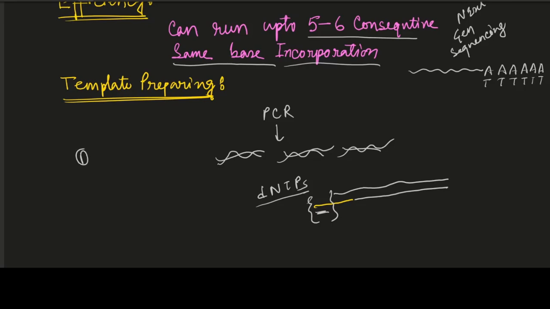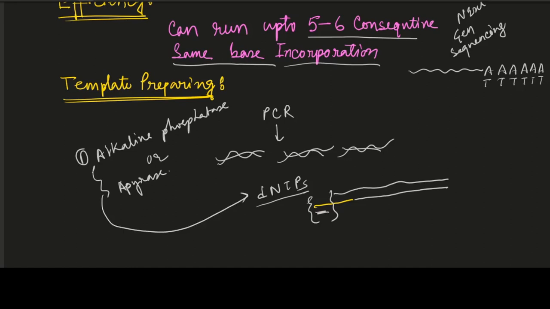The first enzyme will be alkaline phosphatase, or we can use apyrase. These two enzymes can degrade these dNTPs, and for the primer job we use exonuclease I. So this exonuclease can destroy this region of our primer.